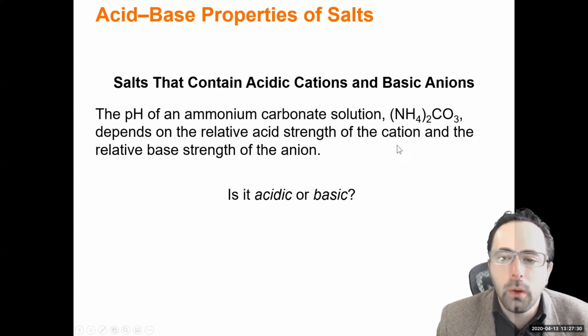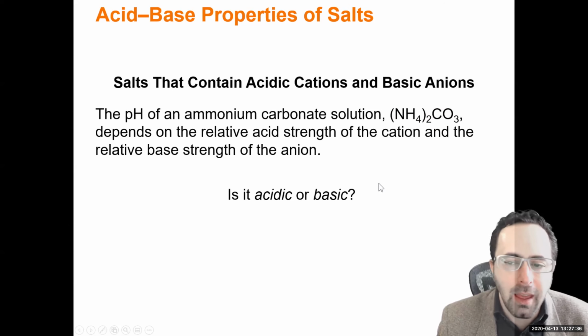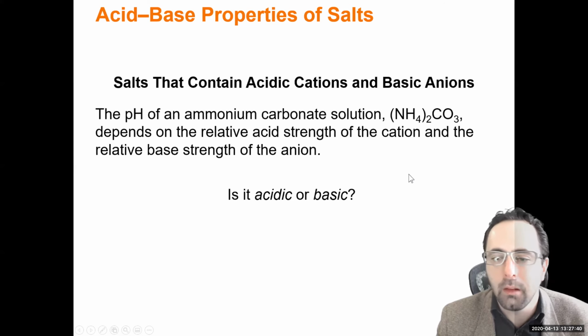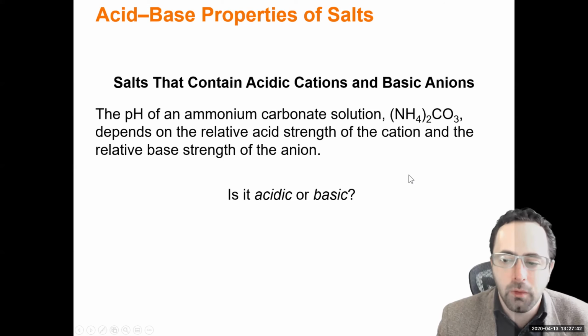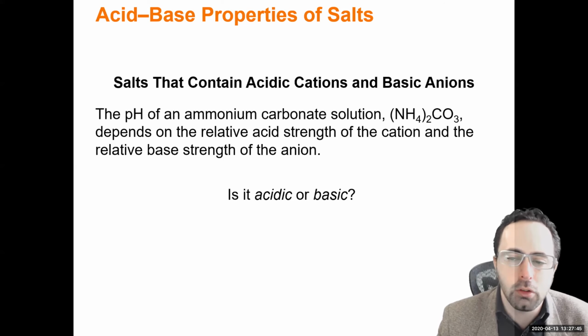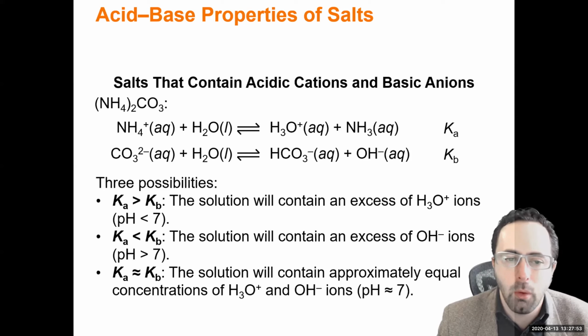Well, what we want to do is compare the Ka for the acid to the Kb for the base. If the acid has a higher Ka than the Kb for the base, the solution will be acidic. But if the Kb for the base is larger than the Ka for the acid, then the solution will be basic. Let's calculate this real quick from some numbers we've seen before.